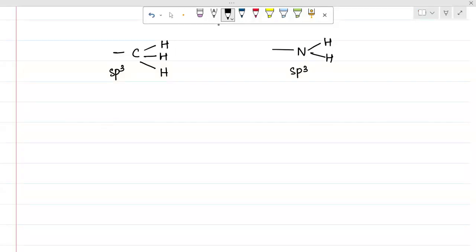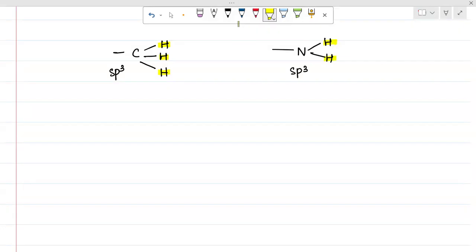Okay, so the first case is, let's say you compare sp3 hybridized CH3 with sp3 hybridized NH2. Both of these are sp3, so you know how to compare. The end atoms are the same: hydrogen, hydrogen, hydrogen.